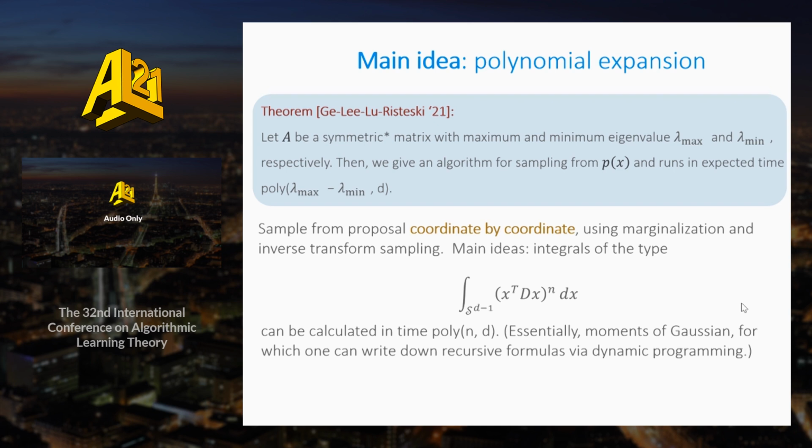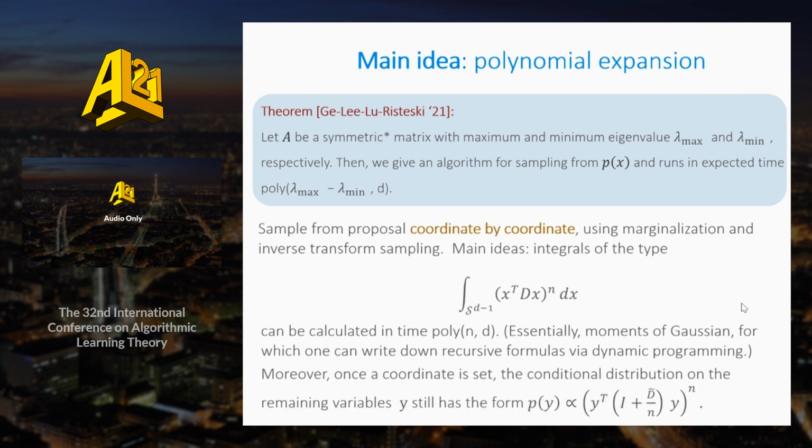The main idea here is that the partition functions of these kinds of distributions, which will look like integrals over the unit sphere of quantities like (x transpose Dx) to the power of n, can in fact be calculated in time polynomial in n and d. The reason why this works is essentially this problem can be reduced to calculating moments of a multivariate Gaussian. And for these, we can write down some recursive formulas via dynamic programming, so we can do it in time polynomial in n and d.